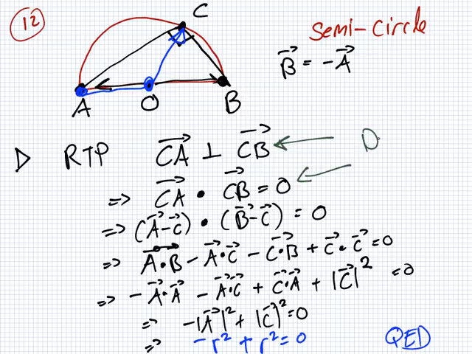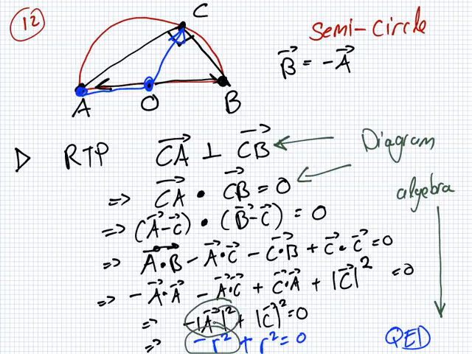So this one is using the diagram, but then for the rest of the problem, we're using algebra. But the key, in my opinion, the key was this diagram. And also, I needed to use the diagram for this part. And where else? Oh yeah, and for this part. So I needed the diagram to be able to see this and to be able to see this. It's kind of a mix of the two. Okay, write this down carefully, please.